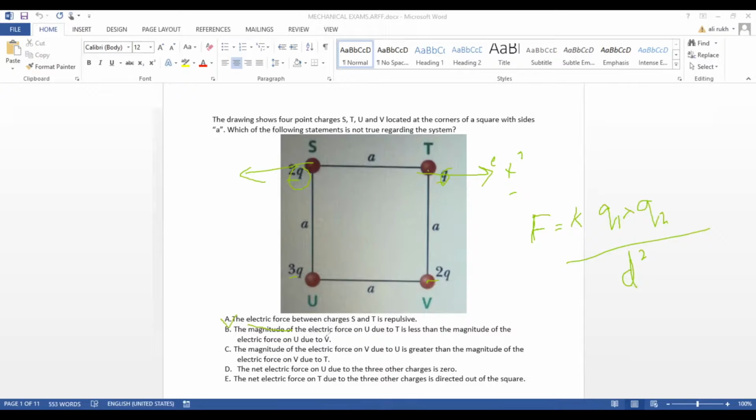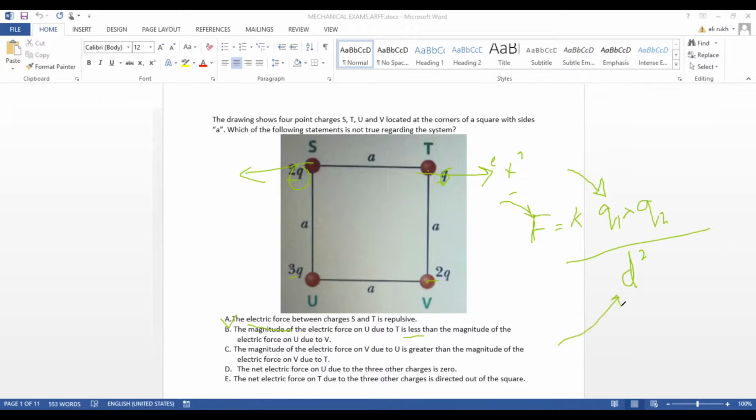The magnitude of the electric force on U due to T is less than the magnitude of the electric force on U due to V. That is not true. If you look at the formula here, the bigger the charge, the bigger the force.